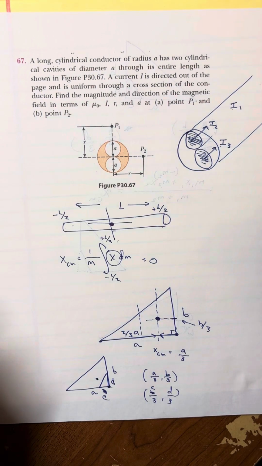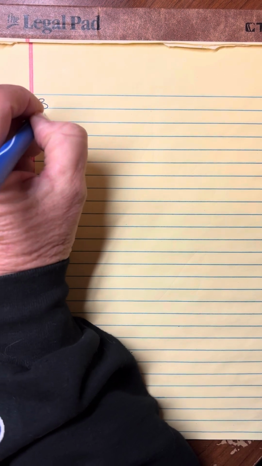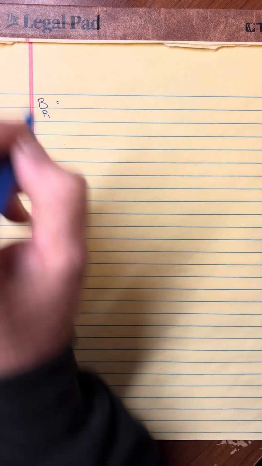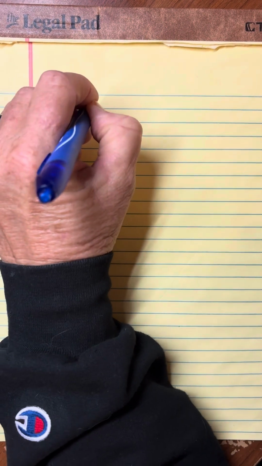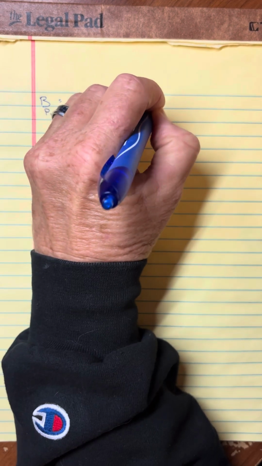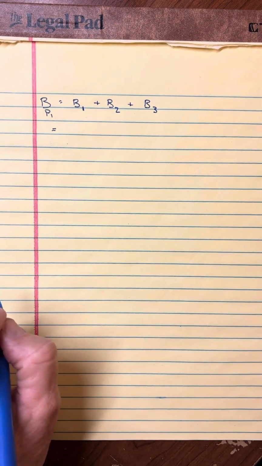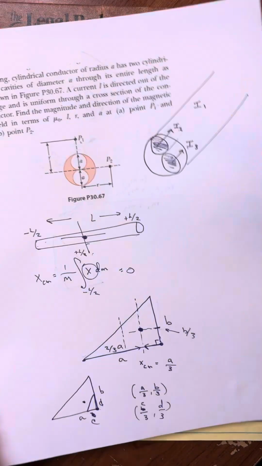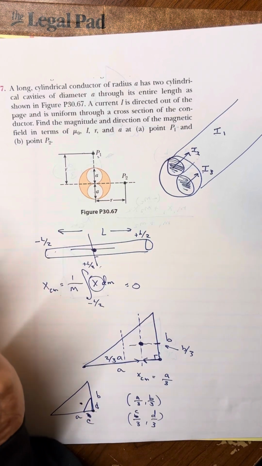Okay, so let's do P1 first. All right, so if I say, what is the magnetic field at P1? I'm going to say it's the field from wire number 1, wire number 2, and wire number 3. And wire number 1 is the big one without any holes drilled out.